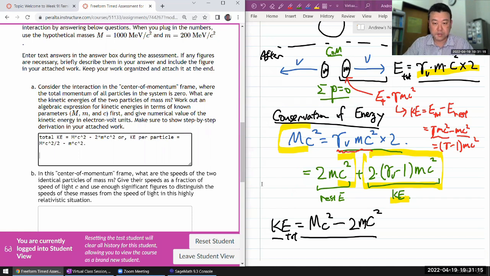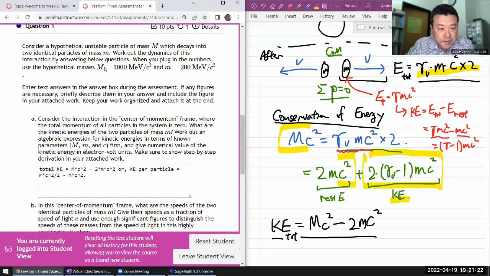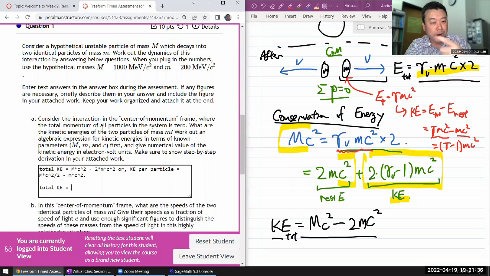And I'll attach the work quiz showing that, given a numerical value of the kinetic energy in electron volt units. That's where I look at these numbers, see the c squareds will cancel this out, and say, so total kinetic energy is just the difference between them. 1,000 minus twice 200, so 600 MeV, or K per particle, just half of that, 300 MeV.